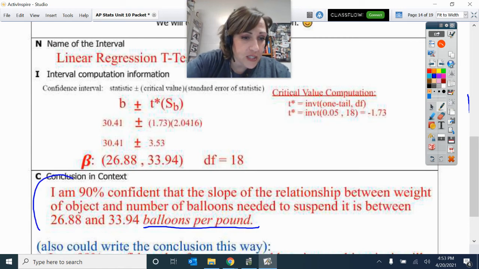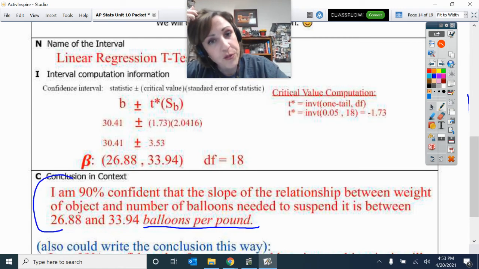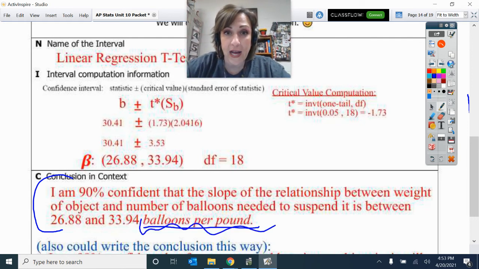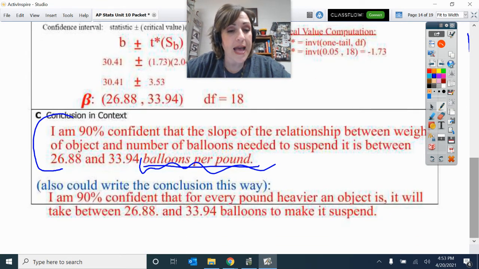If you like to interpret it this way, you need to make sure your units are appropriate, with y units per x. Or you might choose to write it this way: I'm 90% confident that for every pound heavier the object is, it will take between 26.88 and 33.94 balloons to make it suspend. That's another way you could interpret that.